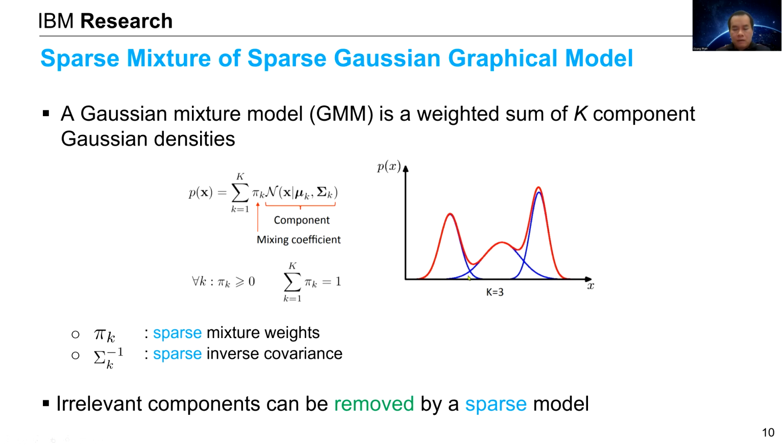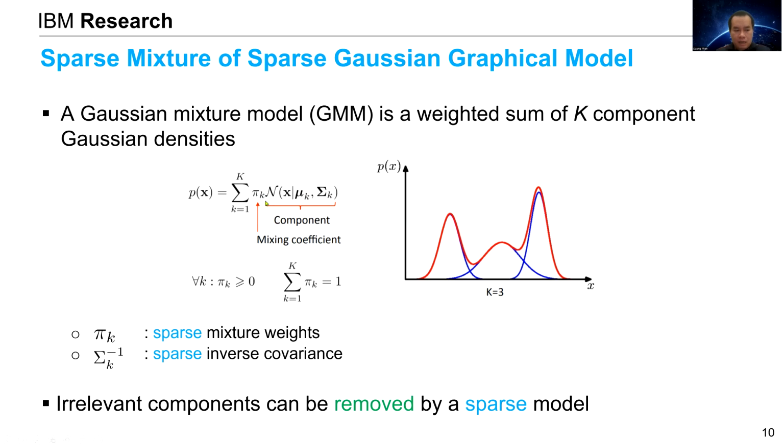In order to handle the noisy data, we leverage the sparsity technique. In this case, our mixture model is a convex combination of several components. Pi here is the mixture weight, mu is the mean, and sigma here is the covariance. And here we impose the sparsity on the mixture weight.